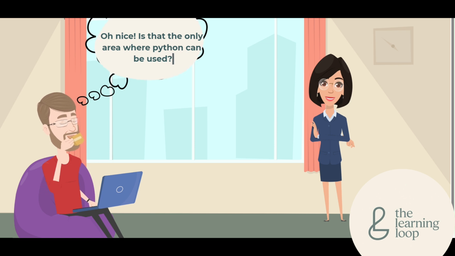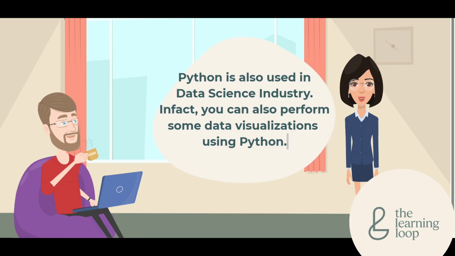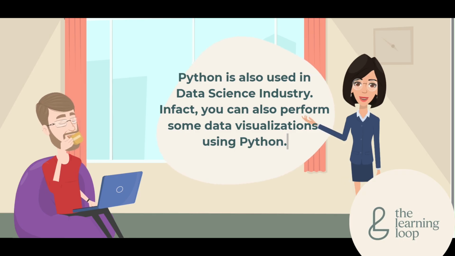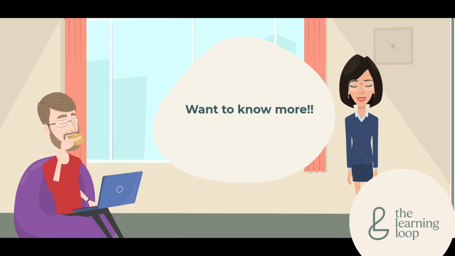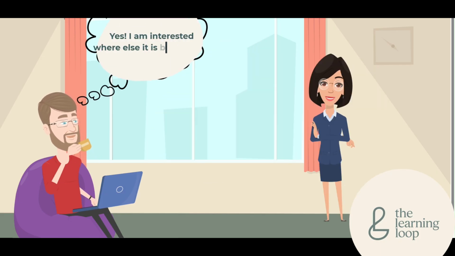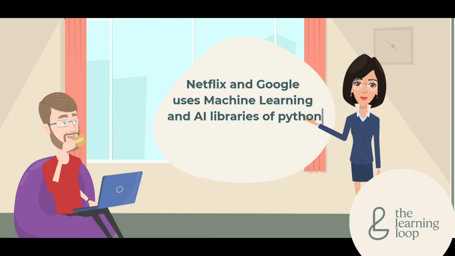The next is data science, where you can analyze and visualize data using pandas, NumPy, and Matplotlib. All these are libraries that we will learn about as we move forward in Python. Python is widely used in data science, and it is also used in AI and machine learning to develop intelligent systems.